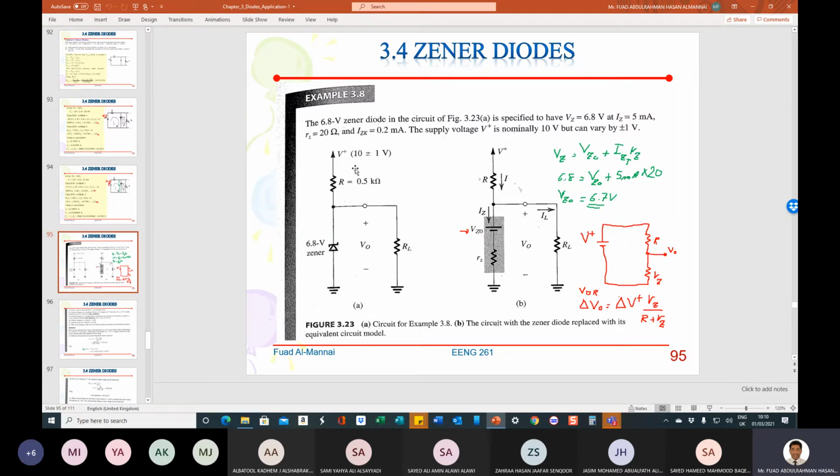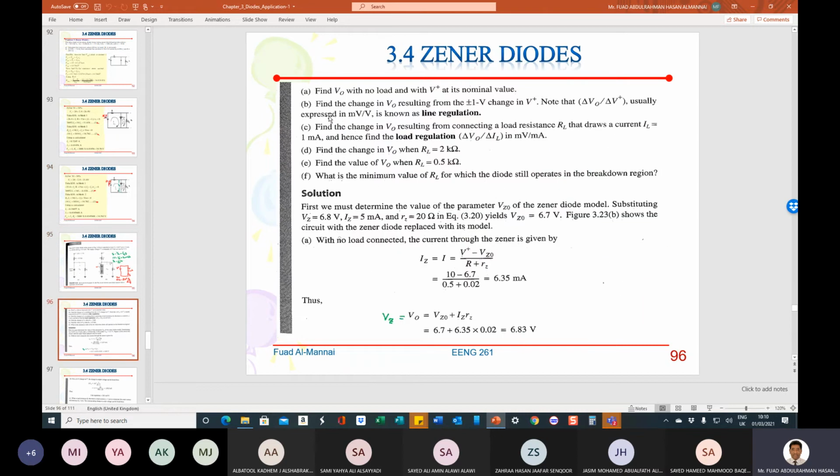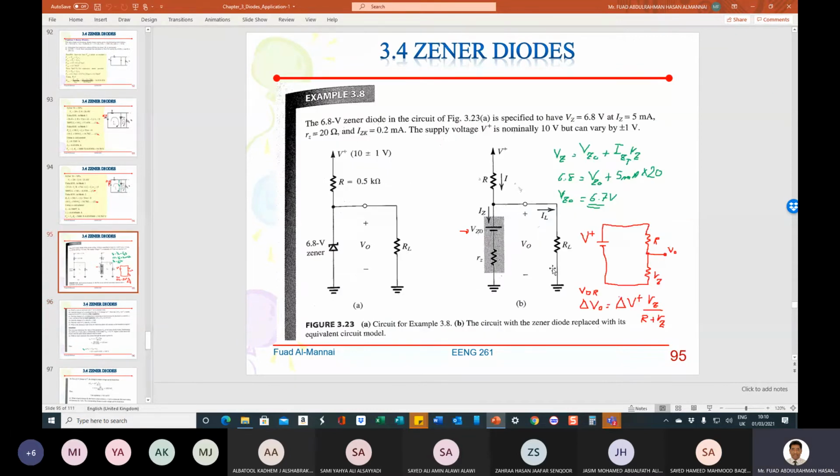So what we're going to do is, when we are given a problem like this, the first thing is we take the Zener diode and replace it by its model. The model is over here. And the initial thing he said is no load. What is no load? That means there's no RL, which means that I will flow like this all the way down.